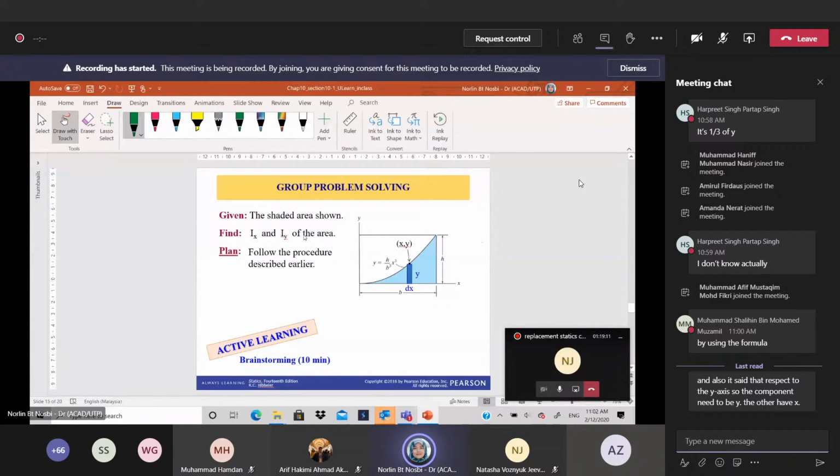So given here is a vertical strip. They're given here also dx and dy. This one is y, and then at the bottom here dx. So you know the dA. Then you need to find the ix and iy of the area.